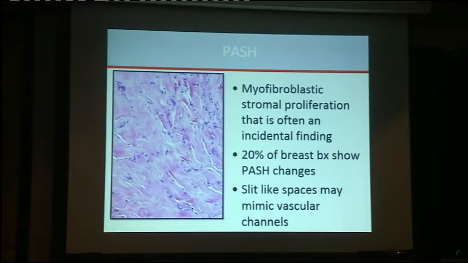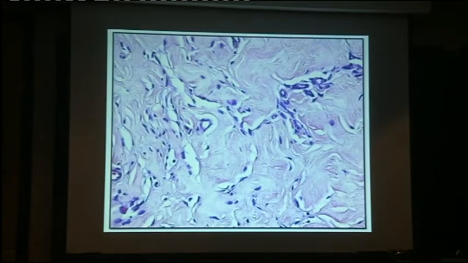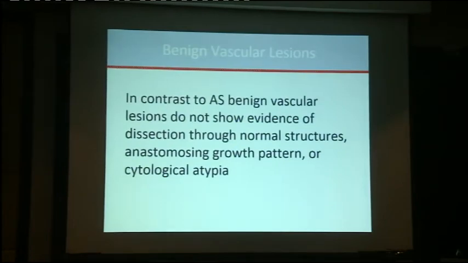In small core biopsies, the myofibroblastic stromal proliferation patch can be in the differential diagnosis, but again, these lesions are quite bland, and most of the time we identify these lesions, and if they are large and appear to extend into the lobular units, we can always do immunohistochemical markers to see if they are vascular or stromal.